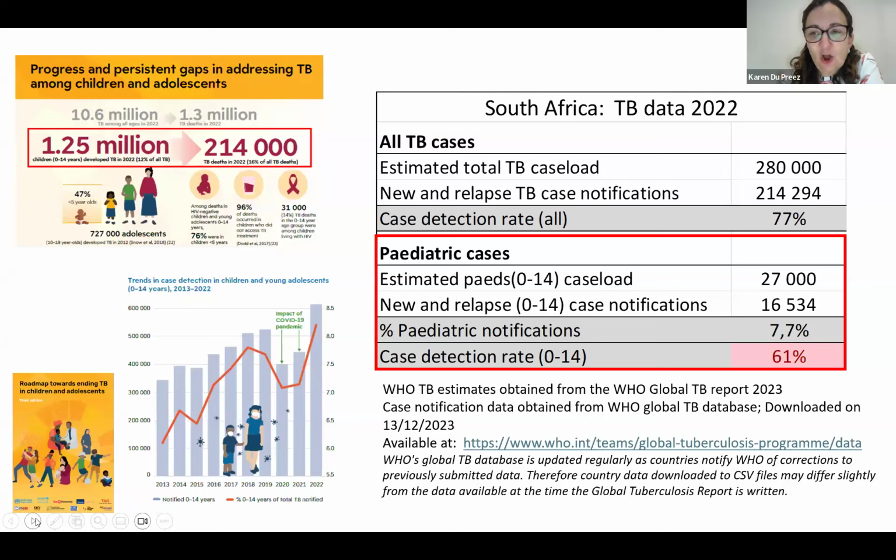We only had 16,500 case notifications, which gave us a case detection rate of 61%, or a treatment coverage gap of 39%, meaning that roughly 40% of our kids that we think have TB were not diagnosed, started on treatment and notified. And if you look at the top, where we look at all TB cases, our case detection rate overall looks much better, 77%. So we're not doing as well in kids as we've been doing overall in adults, and we need to do a bit more.